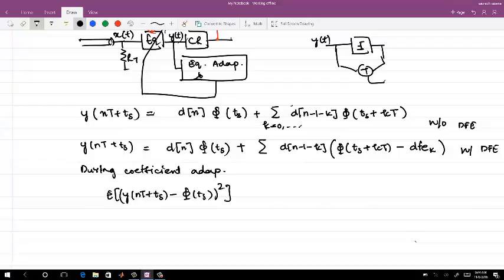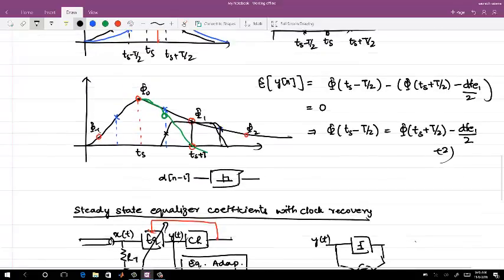Now we are just asking what this value should turn out to be in a steady state. So phi of Ts is the peak sample point, and I am just putting a level there. Earlier I was comparing all the equalized values with respect to plus or minus 1.